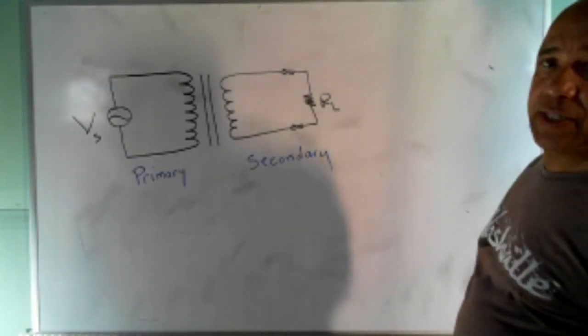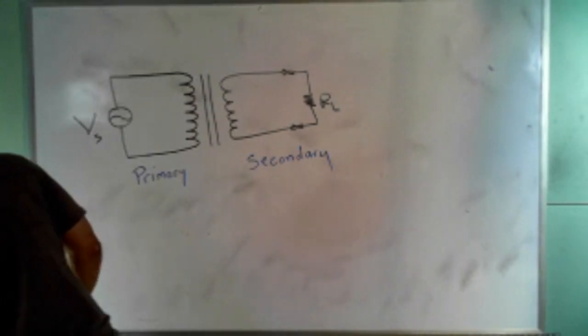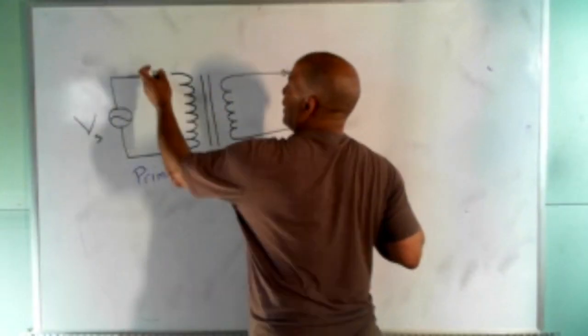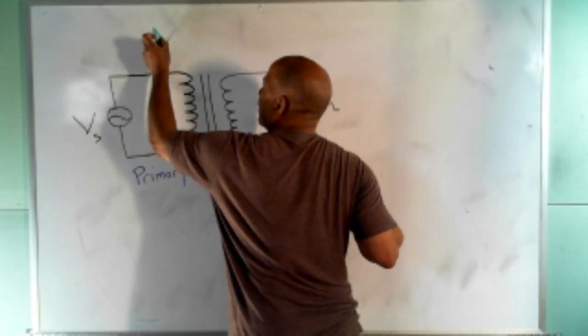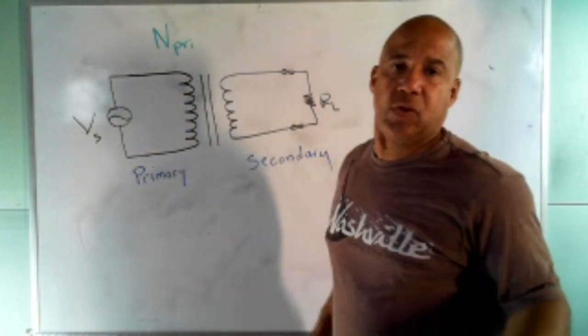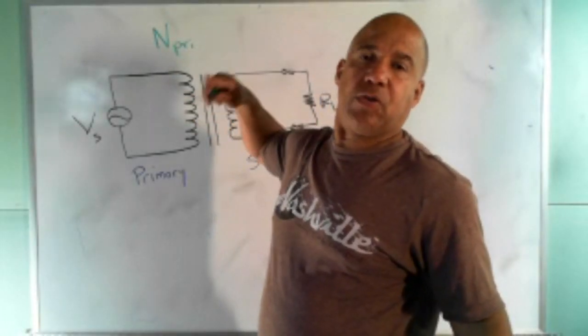Some important quantities. One important quantity is N pri. Now, I'm not going to write it on the board, but I want you to write it in your notes. N pri is the number of turns on the primary coil.